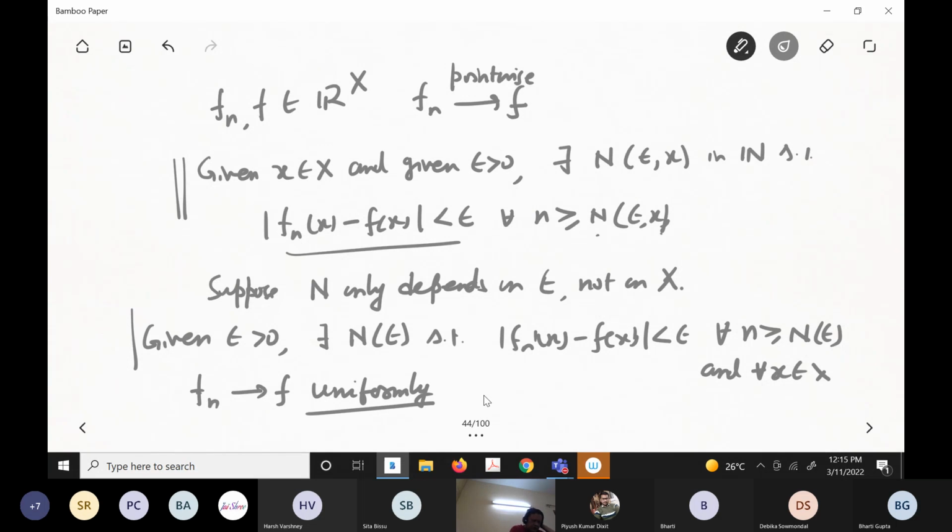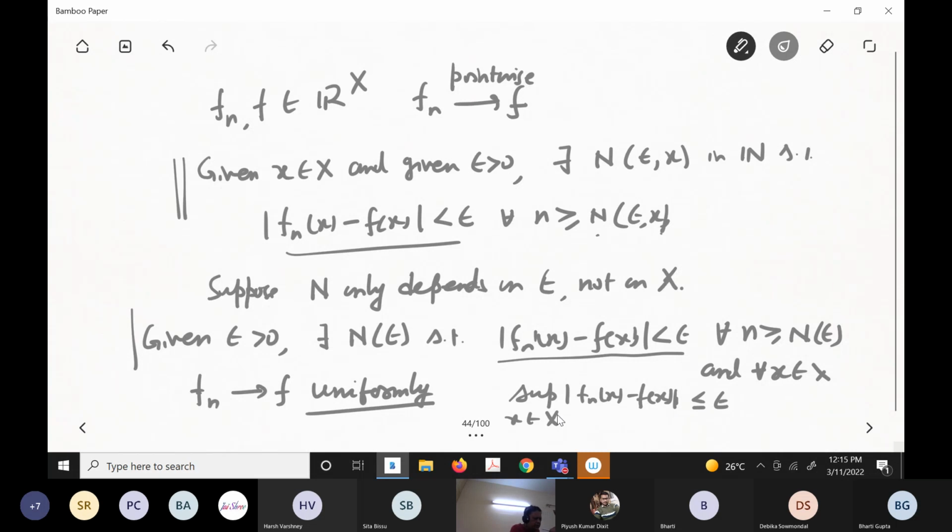Last semester I gave you the example that a pointwise convergent sequence of functions need not be uniformly convergent: x to the power n on the closed interval [0, 1]. Now look here, this means the supremum is less than or equal to epsilon.